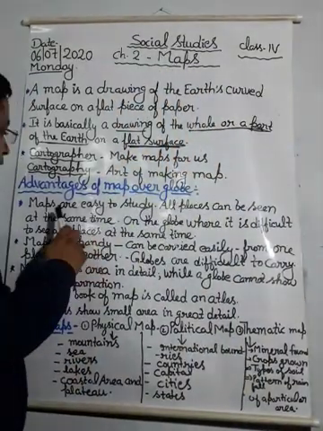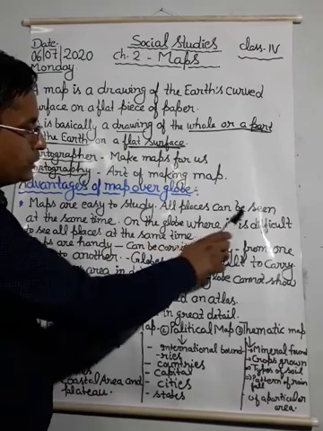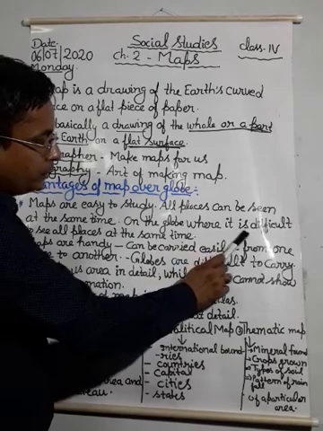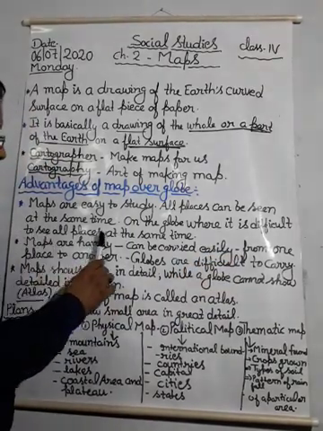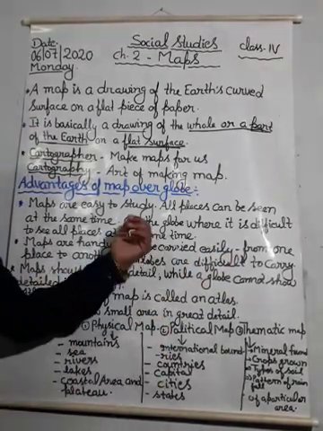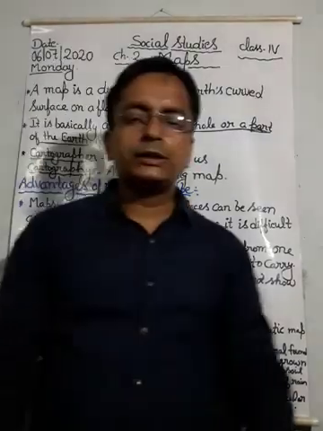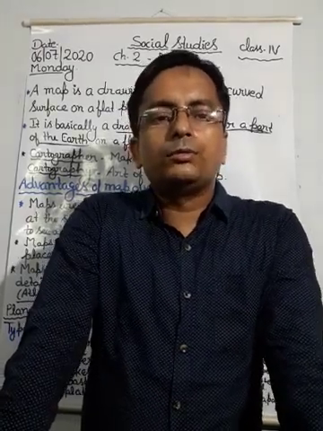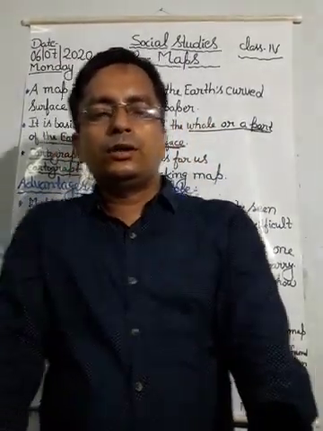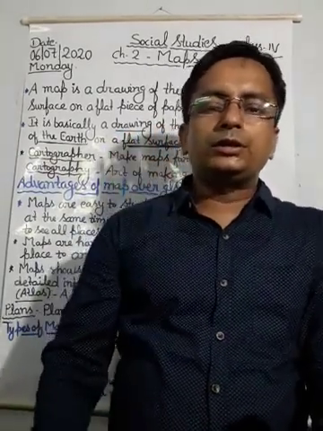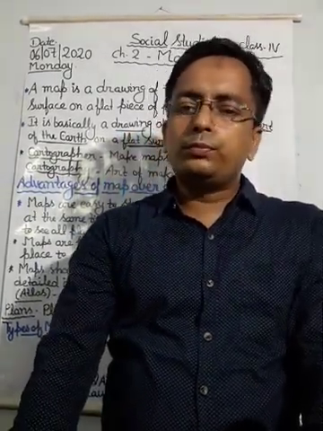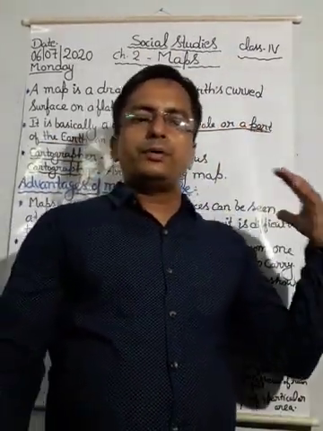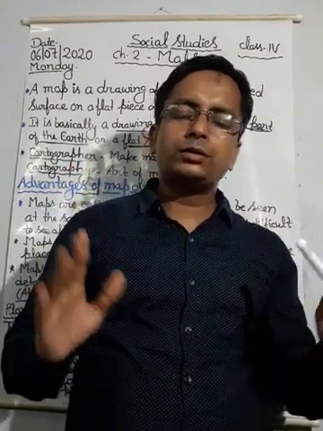So maps are easy to study, and all places can be seen at the same time. On the globe, it is difficult to see all places at the same time. A map is easy to study but a globe is not, because we cannot see all places on the globe at one time. But in a map we can see the whole earth at one time.